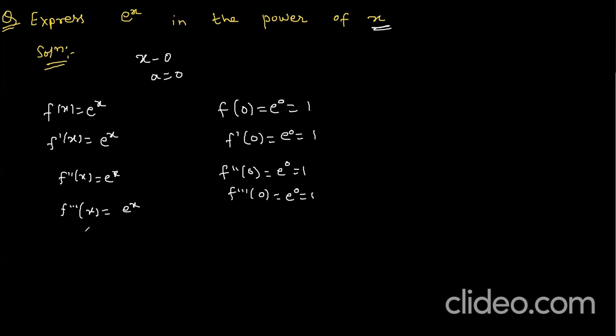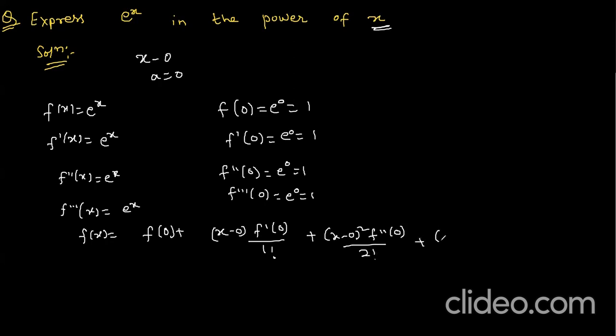Right? Now you know the formula, here a is 0, right? So you can write x minus 0, x minus 0 whole square, x minus 0 whole cube, and so on.